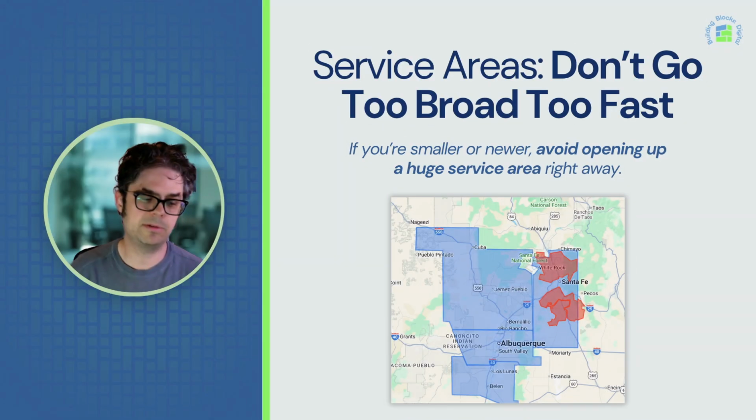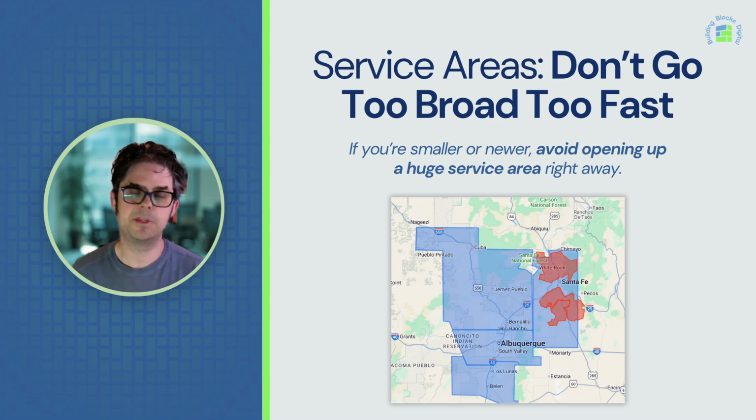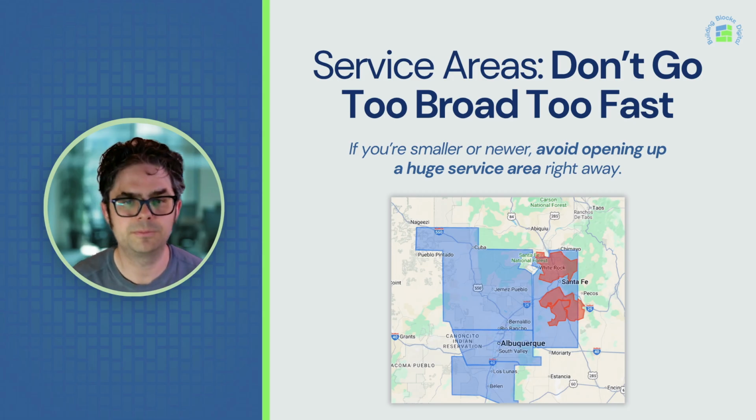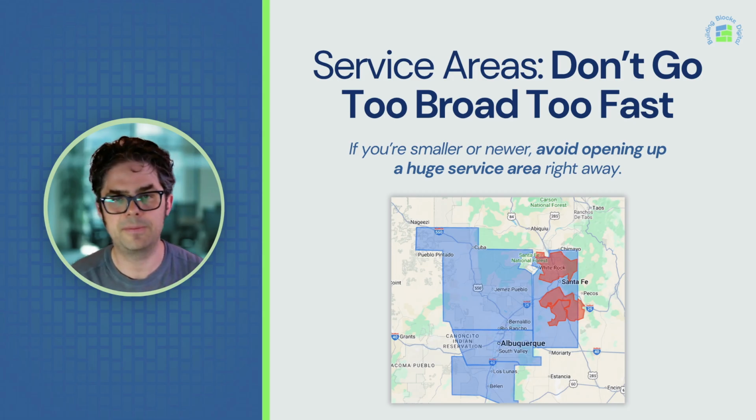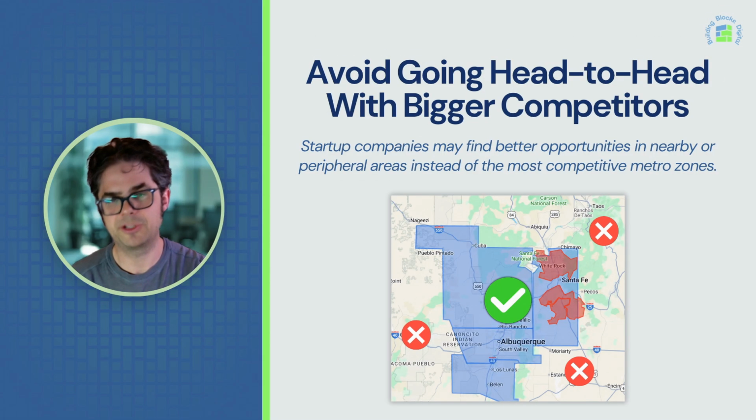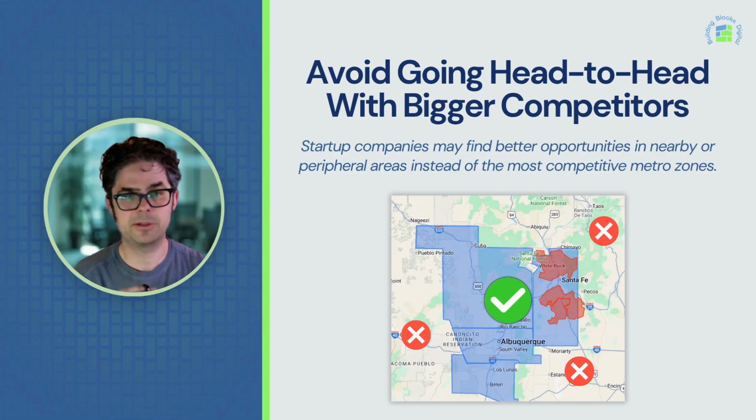So service areas. The tendency that I've seen for our HVAC and plumbing clients in the past has been to just set really huge service areas. And I would say that if you're a smaller company that doesn't have hundreds of reviews yet, you might want to constrain your service area to the places that are closest to your Google profile, and perhaps even stay away from the major metropolitan areas or places where your competitors are located.